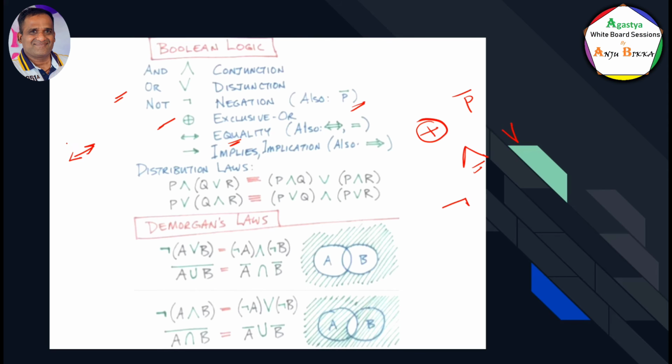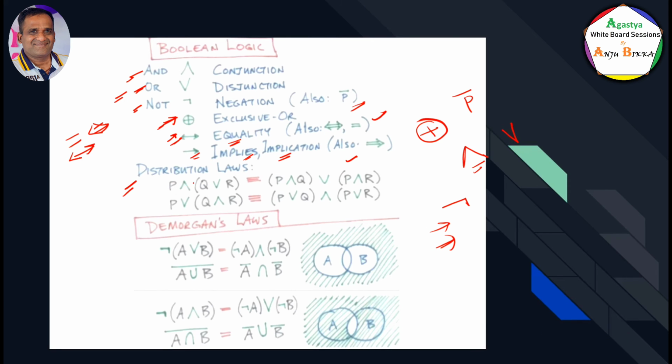You can use this way, this way, and this way. Then implication: you can use one arrow or two arrows. So we have conjunction, disjunction, not, exclusive or, equality, and implication, and then the distribution law.